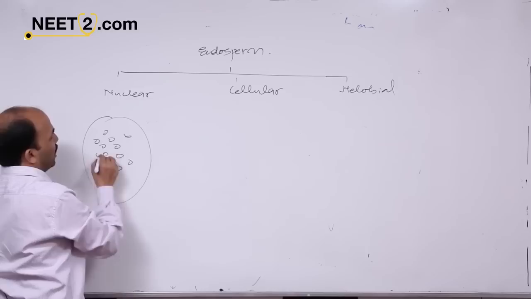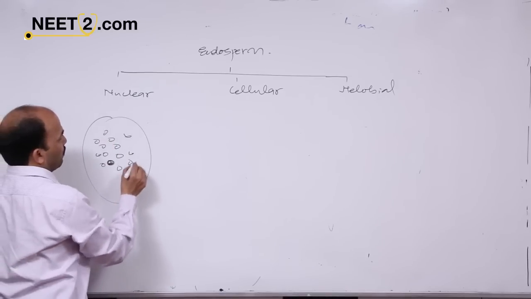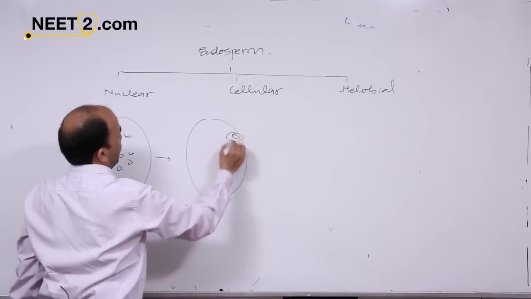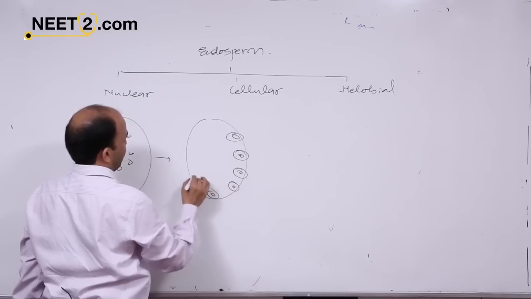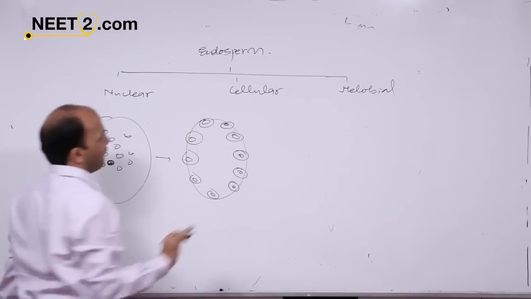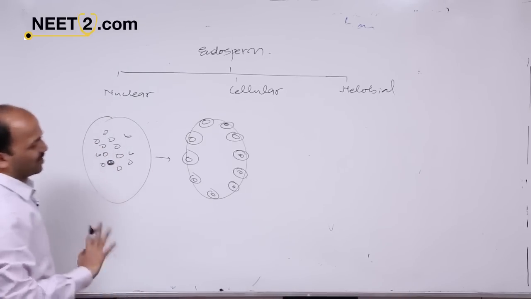So large number of nuclei will be produced. These nuclei will constitute nuclear endosperm. बाद में ये सारे nuclei will be shifted to periphery and their cellularization will happen, means cytoplasm and cell membrane, everything will be synthesized. Right? So that is why it is called nuclear endosperm, because initially there is formation of large number of nuclei.